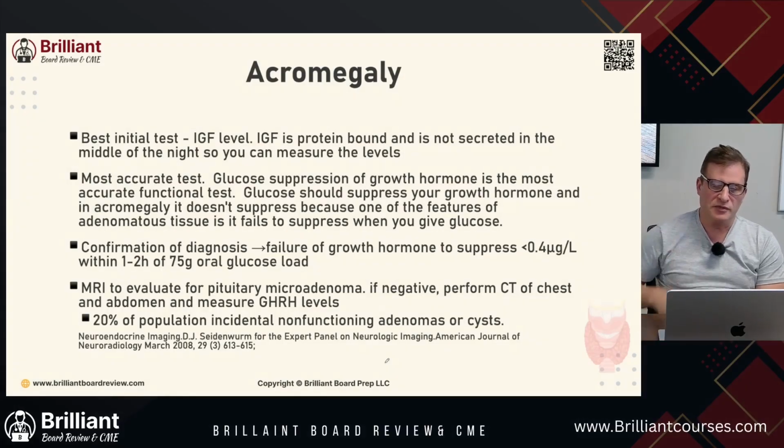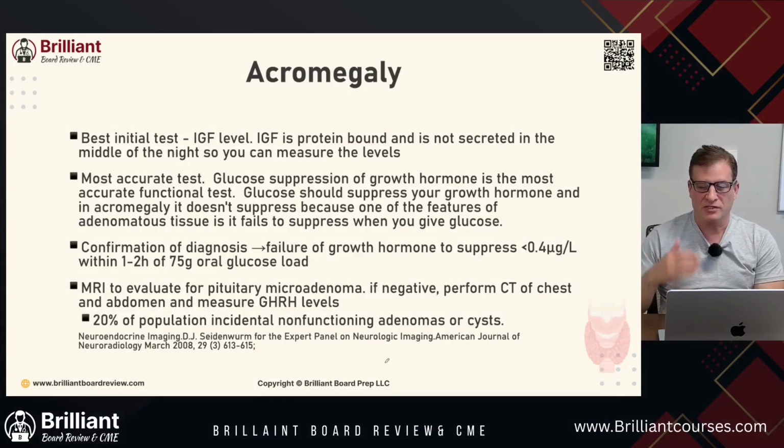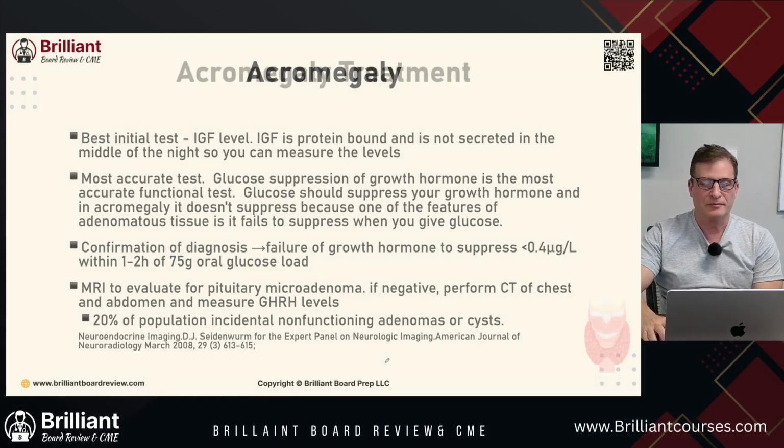If you look at all these algorithms we do, images last, because you're going to find these incidentalomas and subject these patients to unnecessary procedures, follow-up imaging, costs, and fear. So we want to first determine clinically whether they require this, then get your labs, then do your imaging. Your imaging is only to confirm a diagnosis that you have.